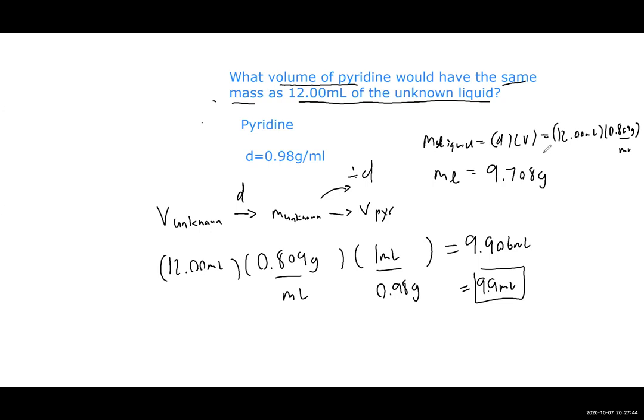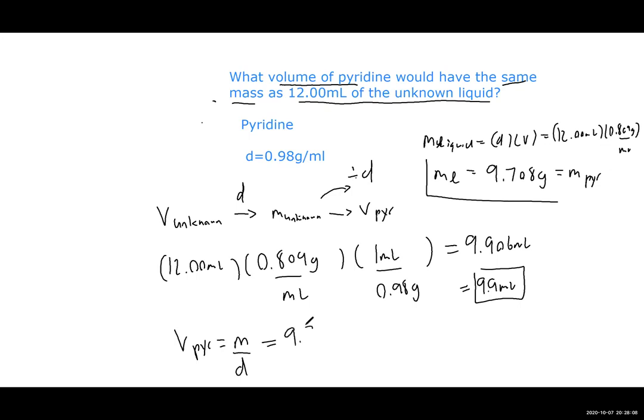Now, from this information, what we can do is figure out the volume of pyridine by taking the mass of pyridine over the density. And the mass of the liquid is equal to the mass of pyridine in this problem.